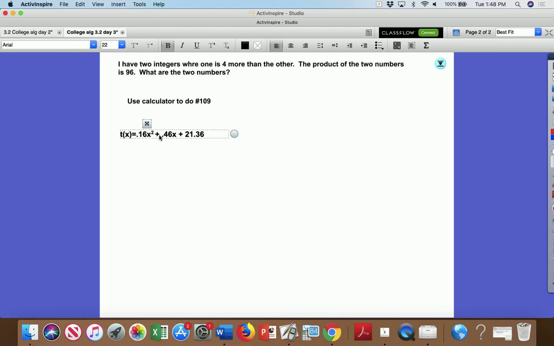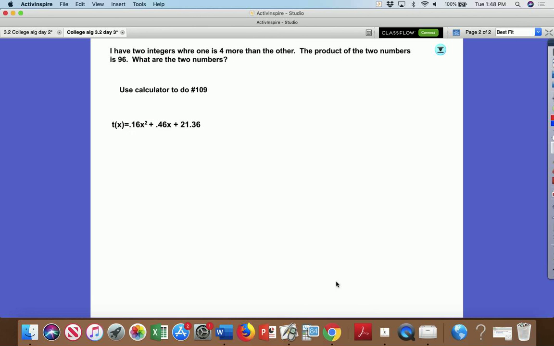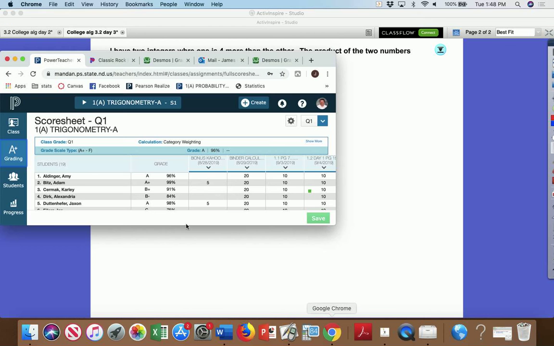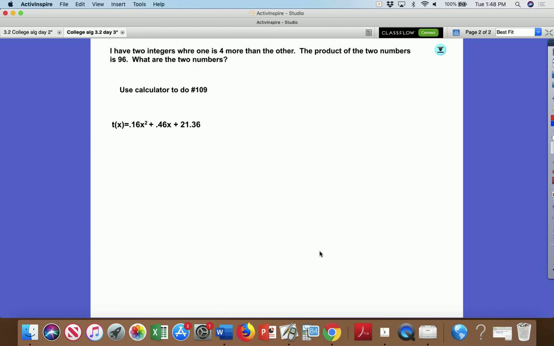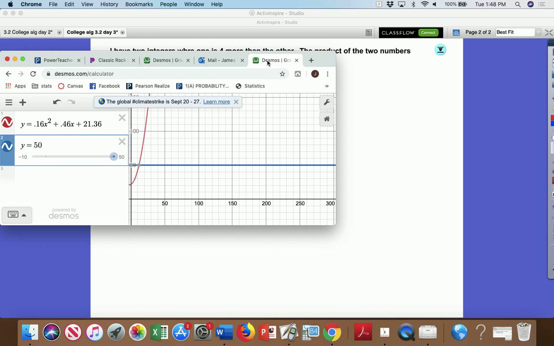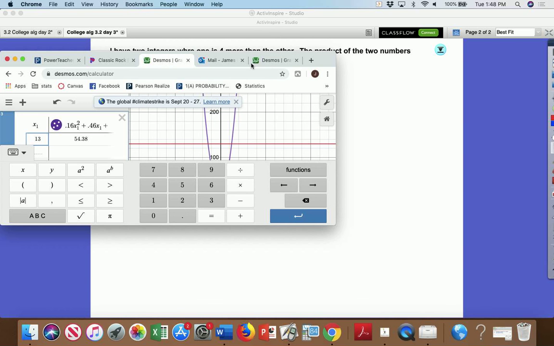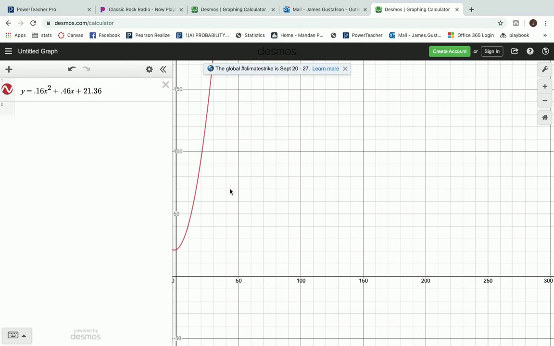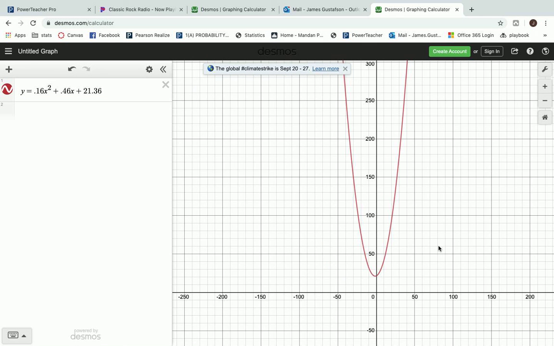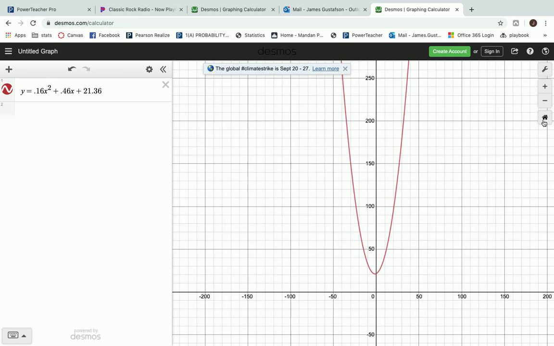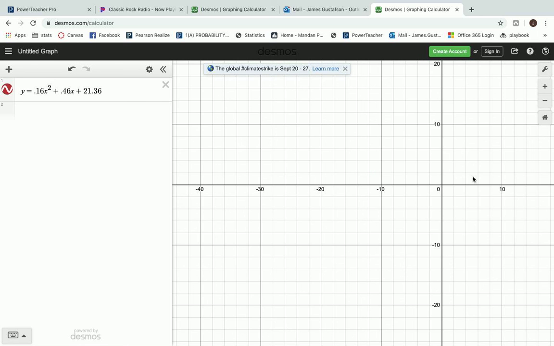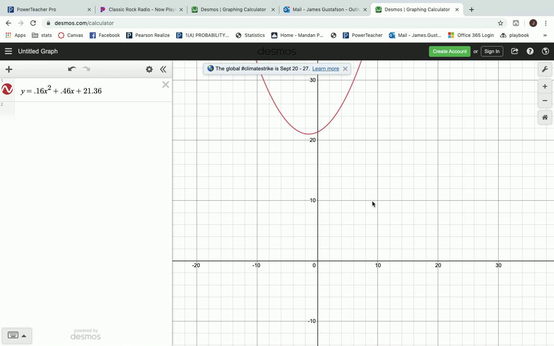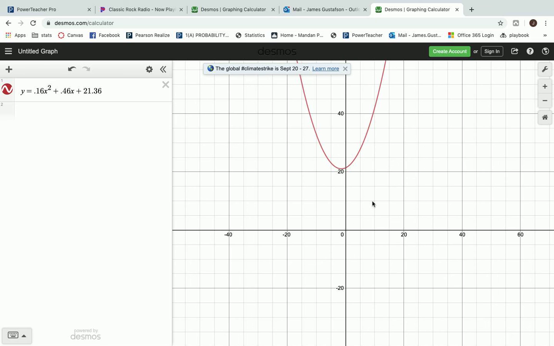So what I want you to do is graph that function on Desmos. Let's go y equals. Just go ahead and put y equals in. And just kind of squeeze it, pull it, stretch it until you can see the graph.